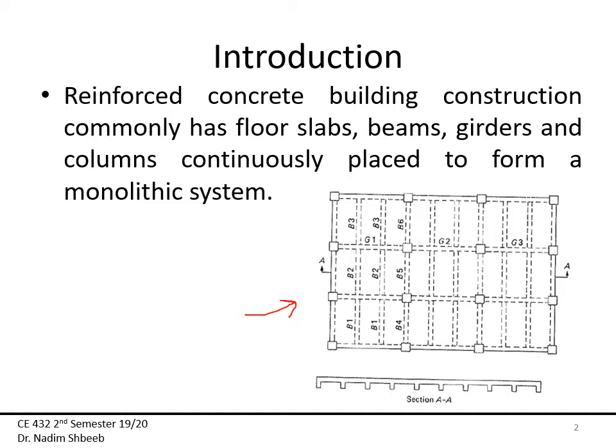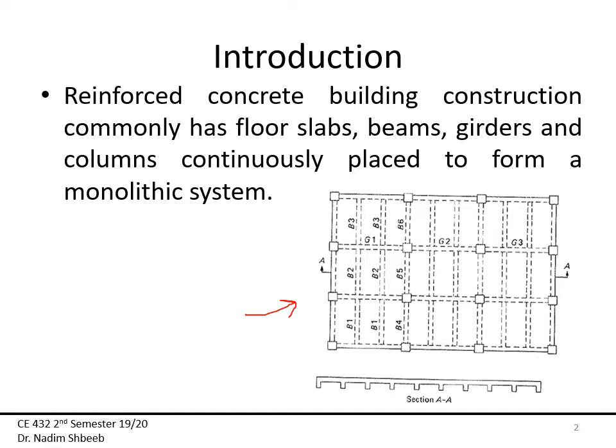So the slab mainly is carried on the beams B1, B2, B3. Then those beams are distributing the loads to the girders, mainly G1, G2, G3, and then the girders are distributing the loads to the columns. The exception is beams B4, B5, and B6 because they are distributing the load directly to the column.